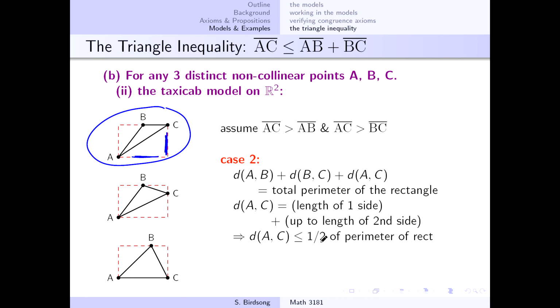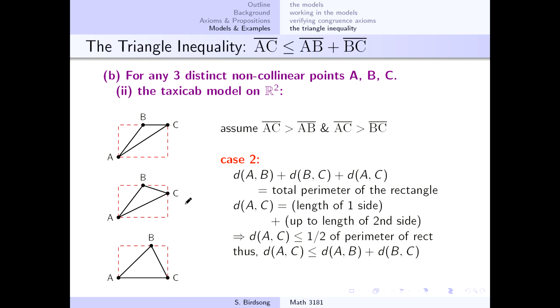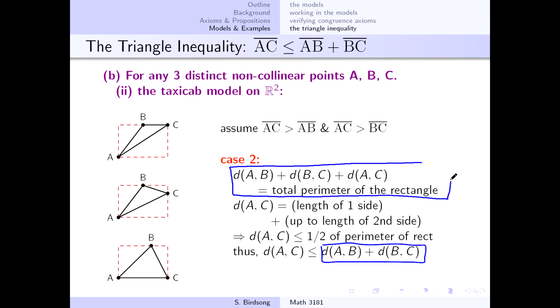Okay. Now, if we then want to look at our sum of the distance from A to B plus B to C, remember here we said that the sum of all of these distances, in other words, adding up the lengths of all three of the sides, is exactly the same as the perimeter of the rectangle.